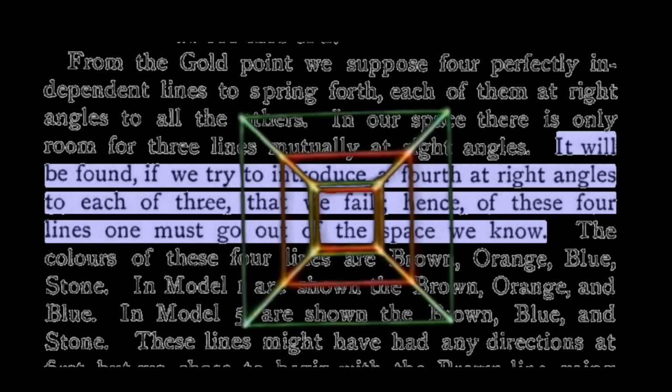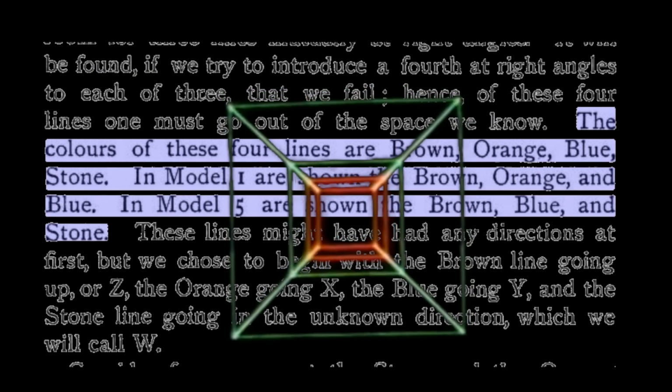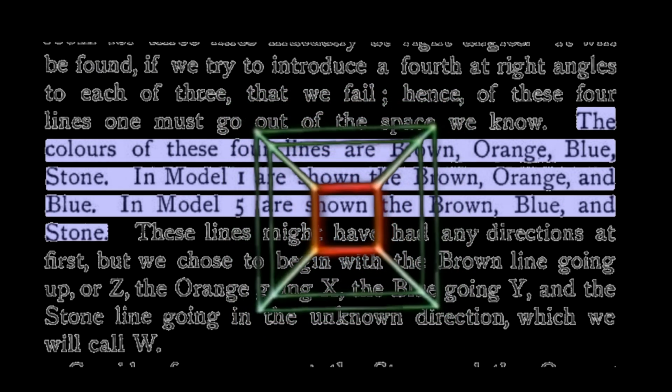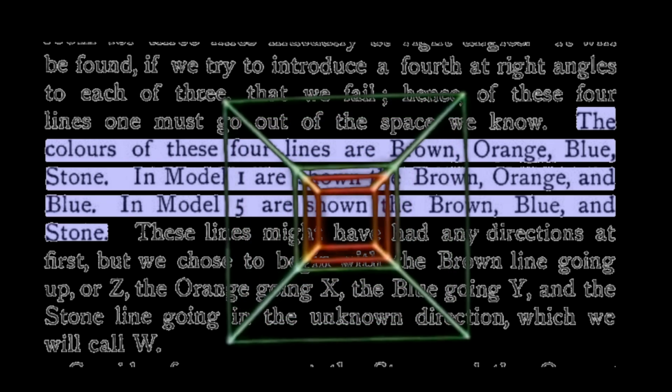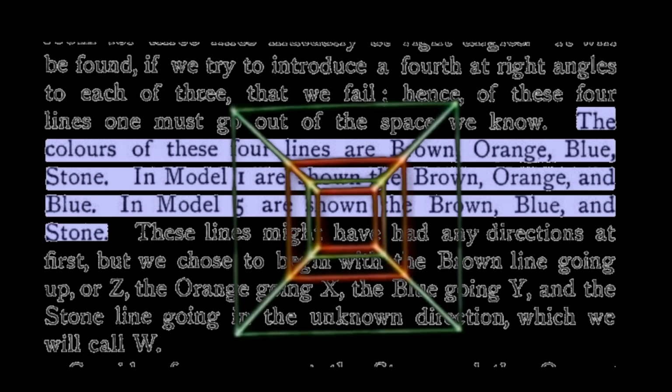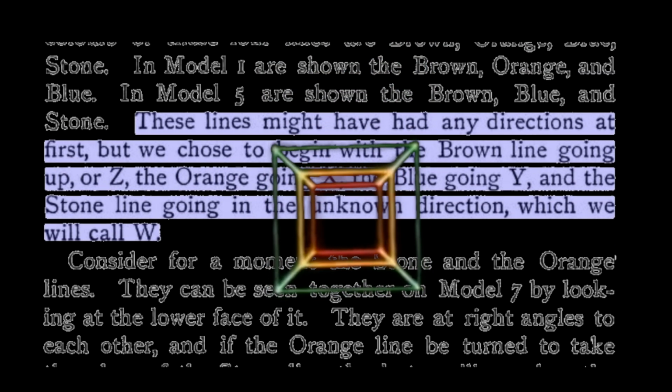Hence, of these 4 lines one must go out of the space we know. The colors of these 4 lines are brown, orange, blue, stone. In Model 1 are shown the brown, orange, and blue. In Model 5 are shown the brown, blue, and stone.